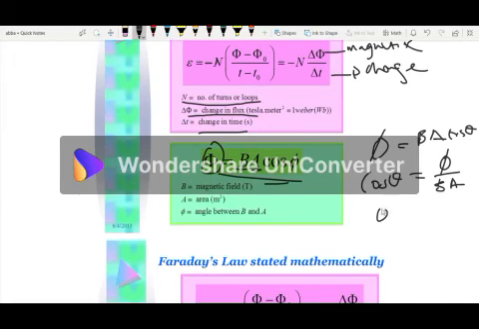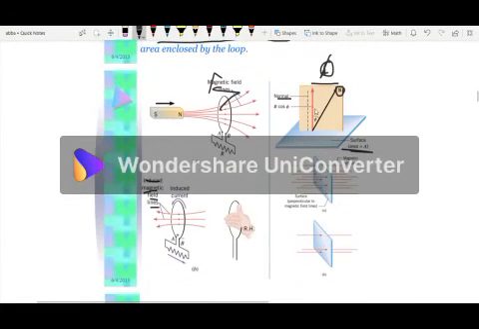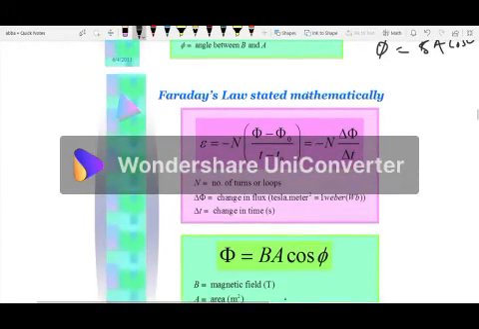So your magnetic flux is going to be BA cos theta. So cos of this angle is going to be directly proportional to this and inversely proportional to this part here. That's basically how we can put it. So Faraday's law stated mathematically is like this.